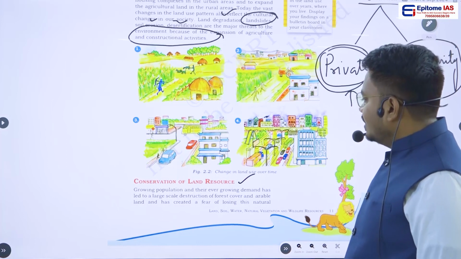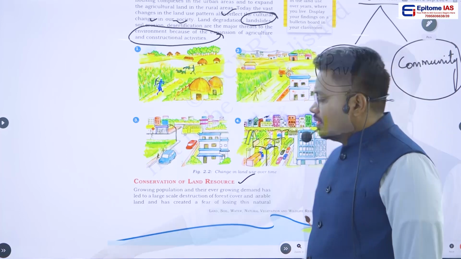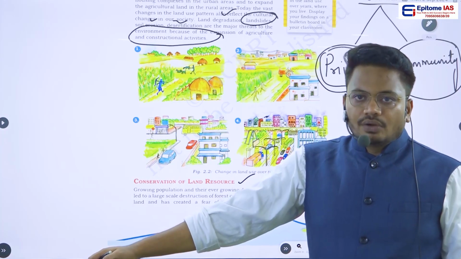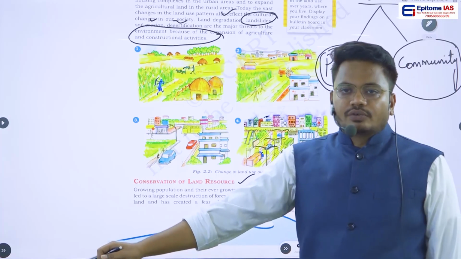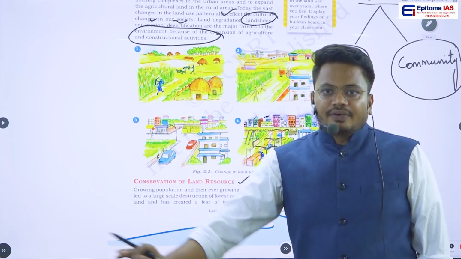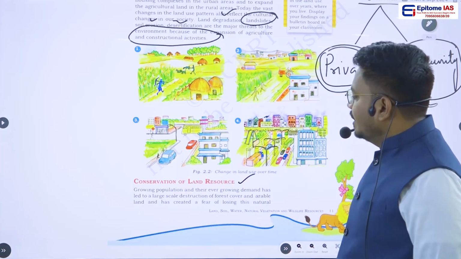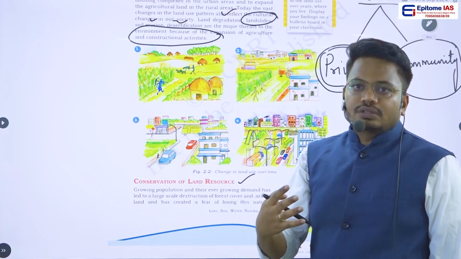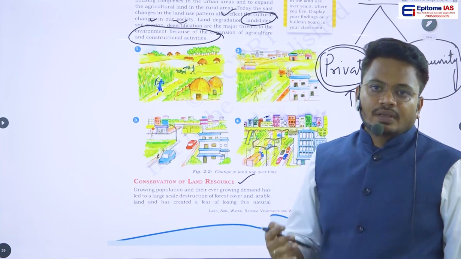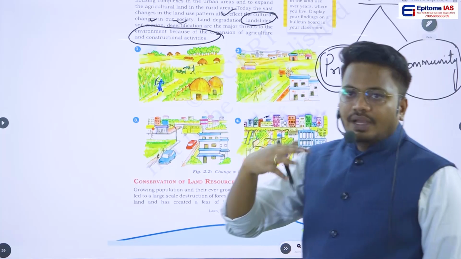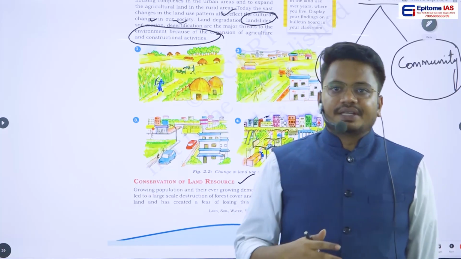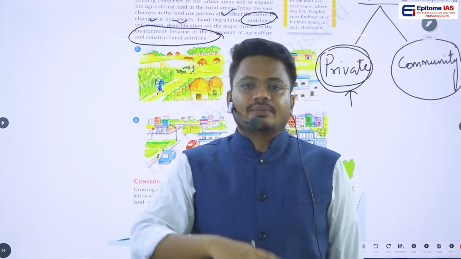Okay, if you see, the population is growing every year. Obviously, when population is growing, the demand for their needs will also be growing. So because of the excessive growth and excessive demands from the people, what we are doing is deforesting the forest area and starting settlements there.